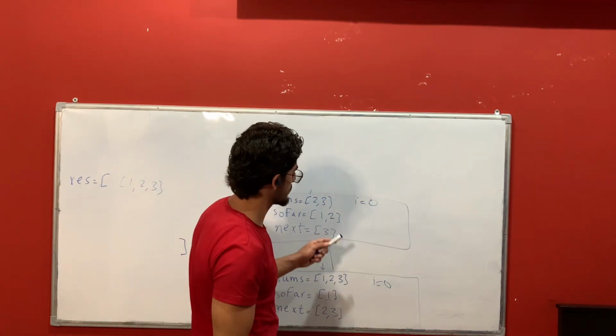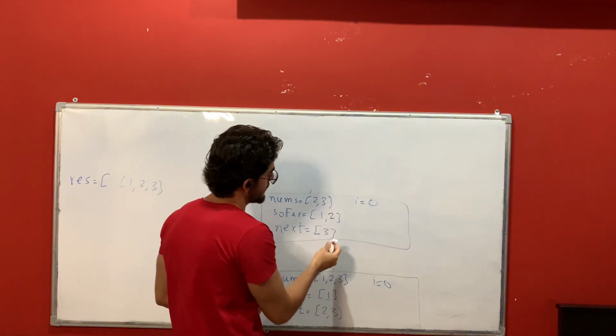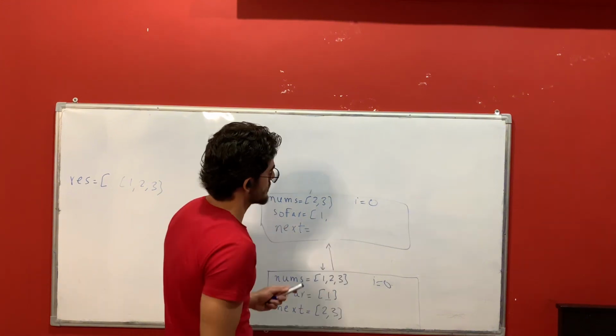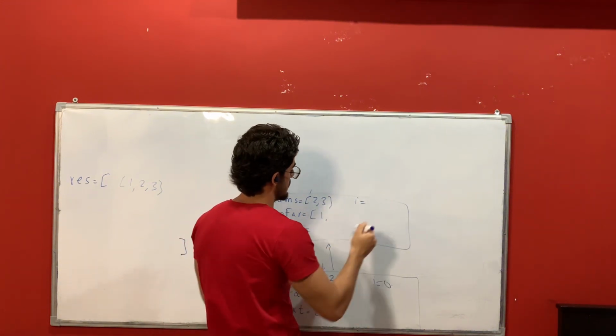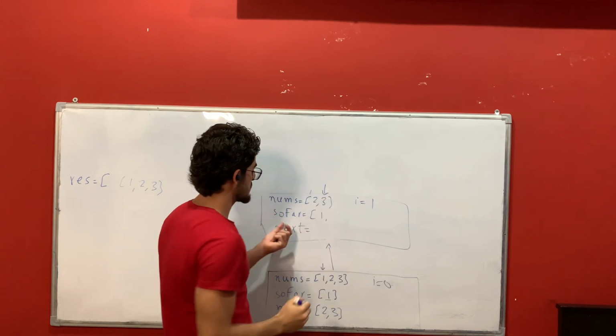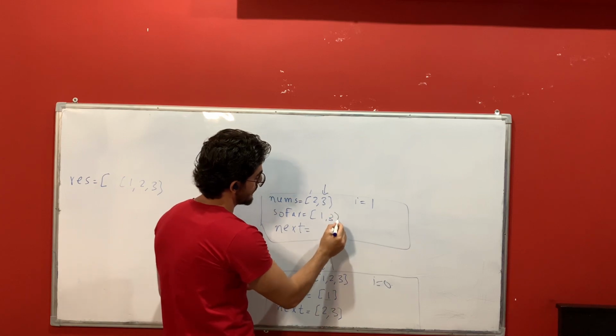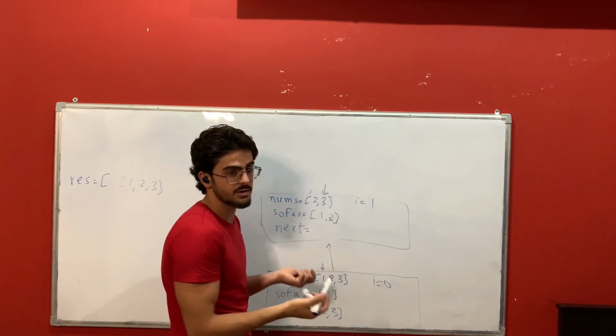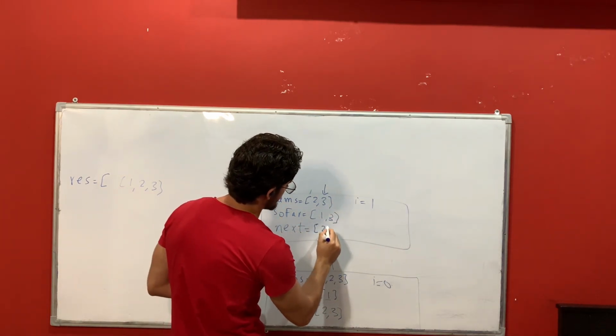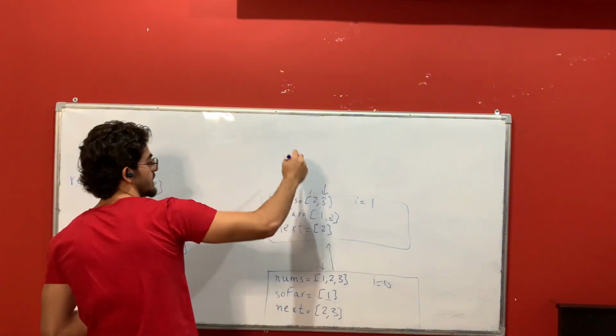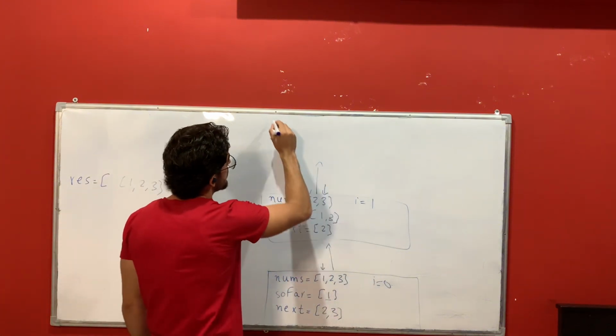Now here it should continue after popping 2. i becomes 1, so it's here. So far becomes 1, what it was before was 3. And the next is all the numbers that we didn't pick, so 2. This also calls another call.